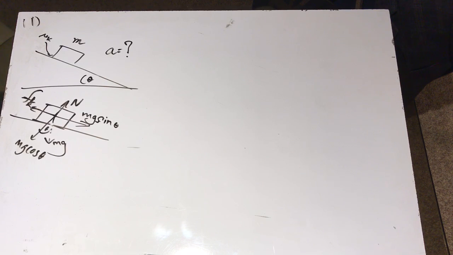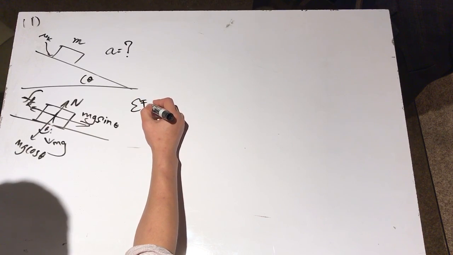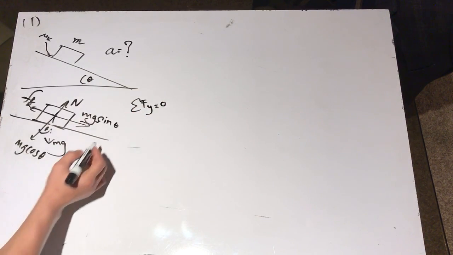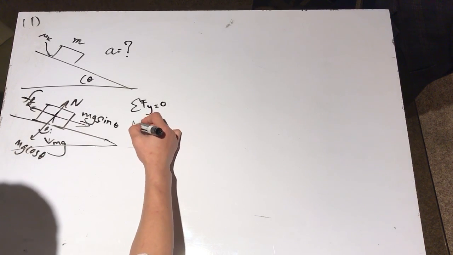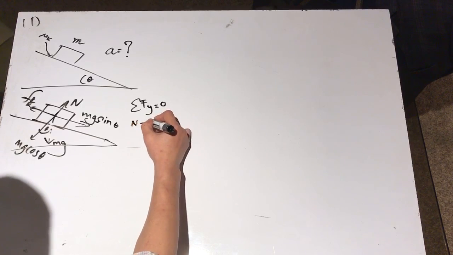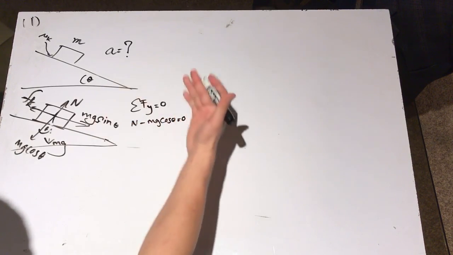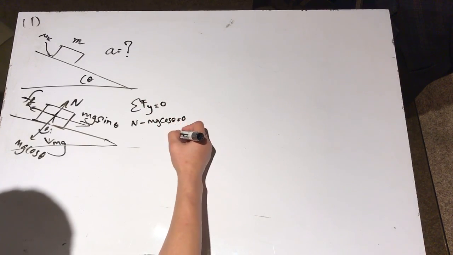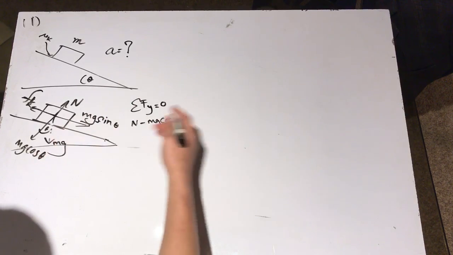You're going to use Newton's law of motion in the y direction, which is perpendicular to the surface. So normal force minus mg cosine theta is equal to 0, because they're not moving up and down, so there's no movement vertical or perpendicular to the plane.